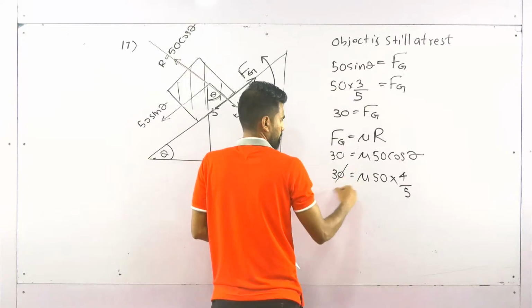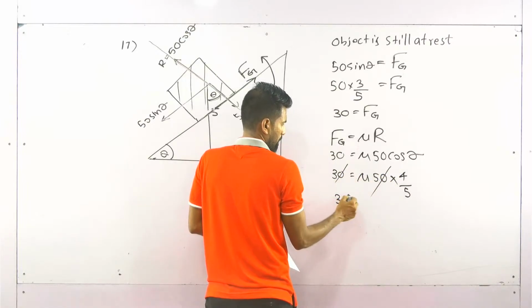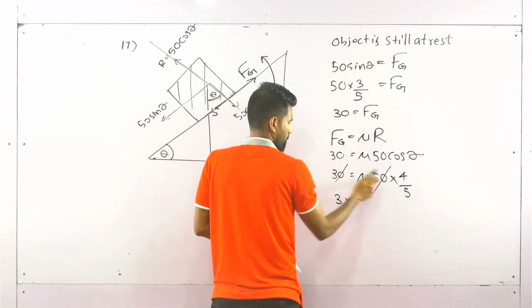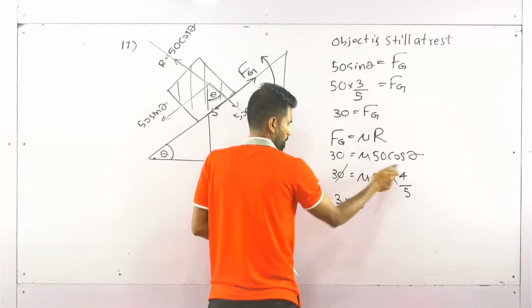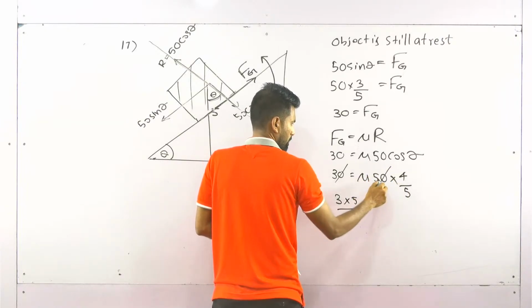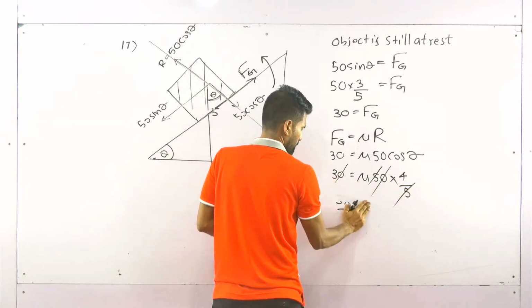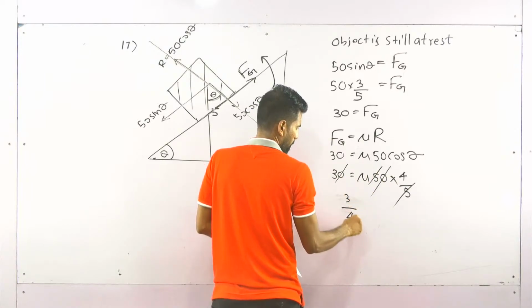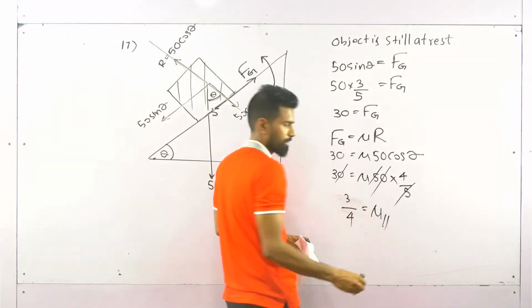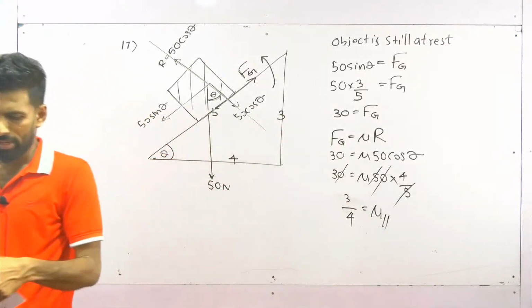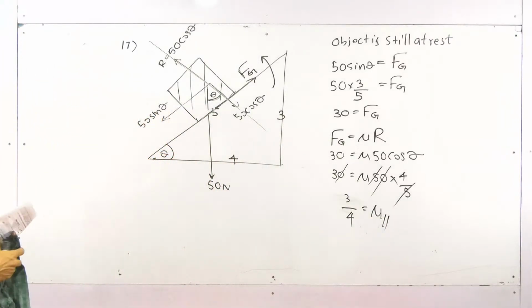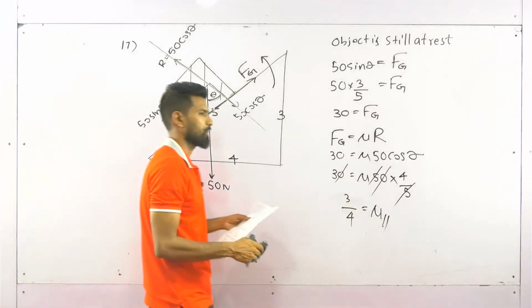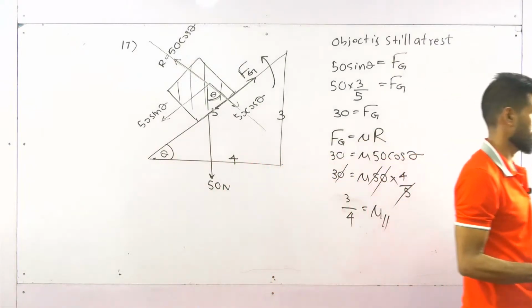Then 3 multiplied by 5 over 50 times 4, this 5 cancels and the 0 cancels. 3 over 4 is the frictional coefficient. Answer number 2.